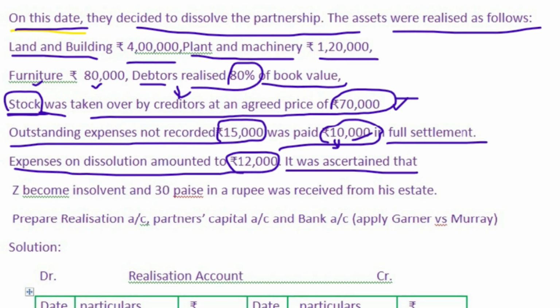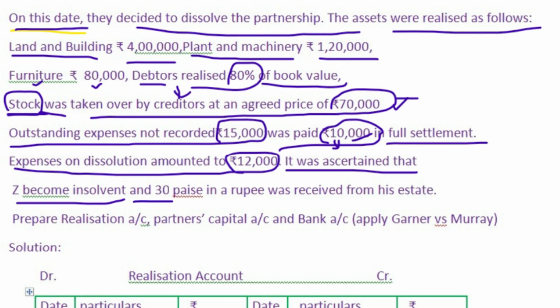It was certain that Z becomes insolvent, and 30 paise in the rupee, that is 30% of his debit balance, is realized from his private estate.